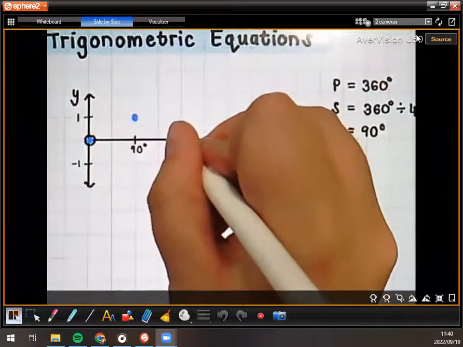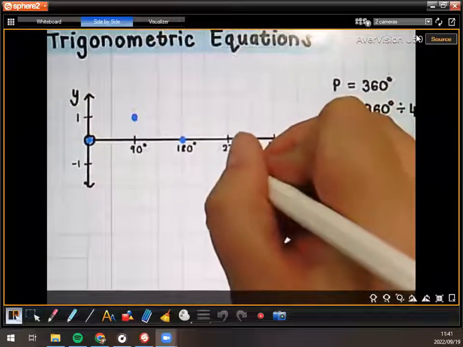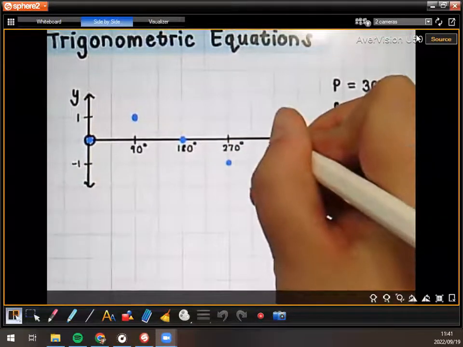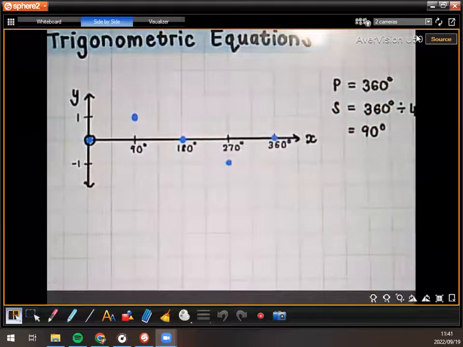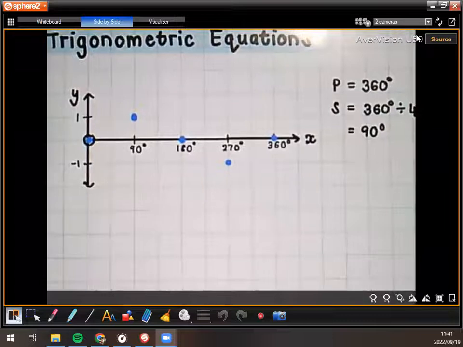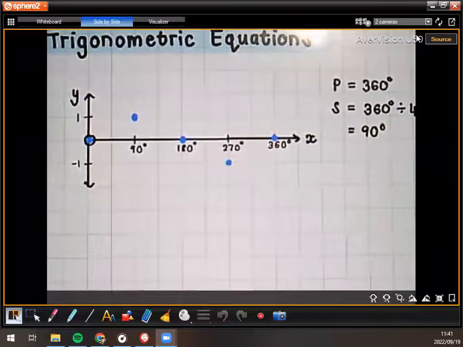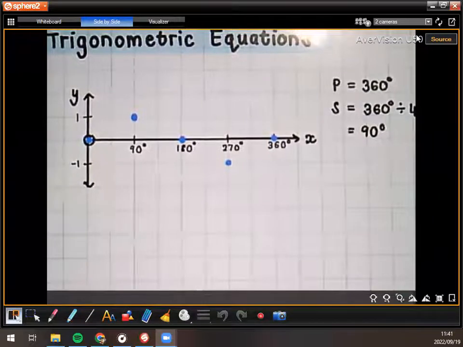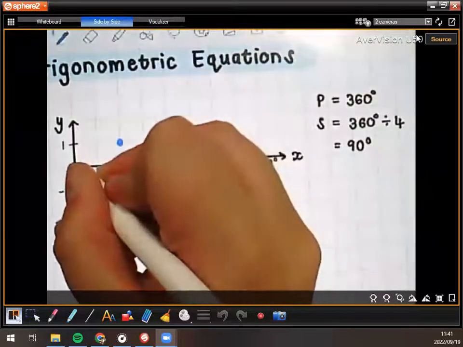Then we're going to go back down to 0 at 180, down to -1 at 270, and back to 0 at 360. Remember I said earlier in the year that it's important that you know the basic shape so that you are able to recognize it, especially when you are asked to find the equation of a graph. Okay, I'm just quickly going to freeze there while I draw my curve in.